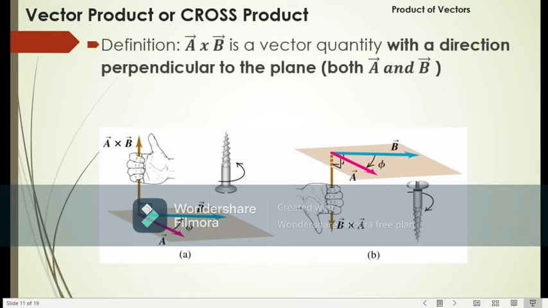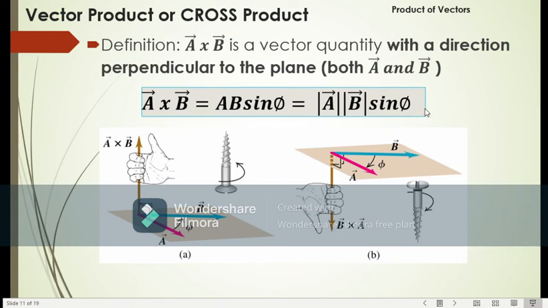To define a cross product, we are given two vectors A and B. When we say A cross B, that is equal to the vector product with a direction that is perpendicular to the plane of both A and B. Meaning, the product of A and B is a vector that is always perpendicular to A and also perpendicular to B.